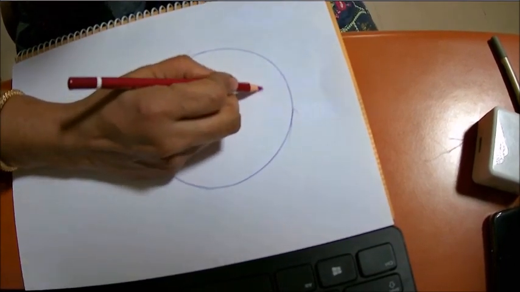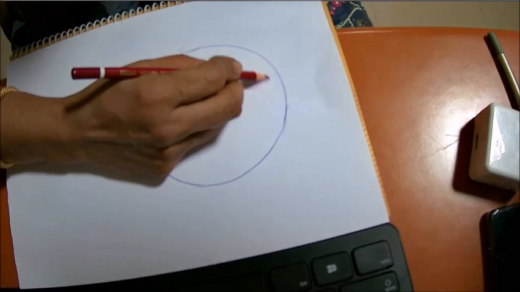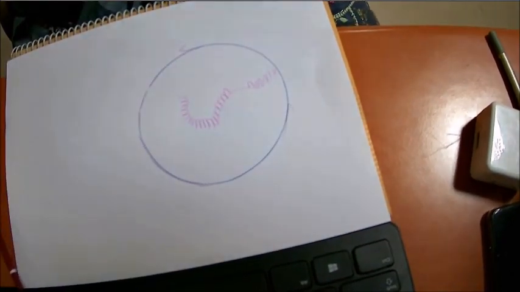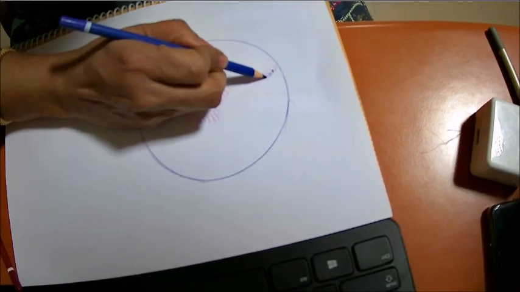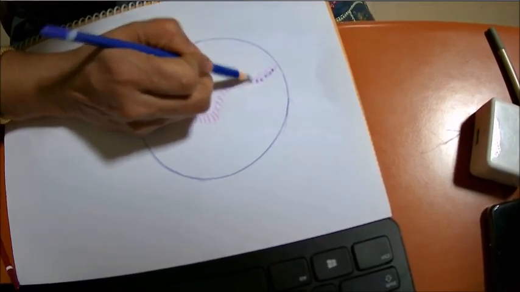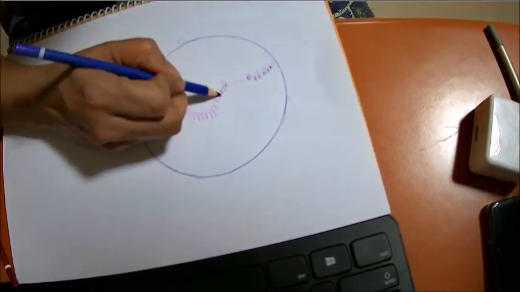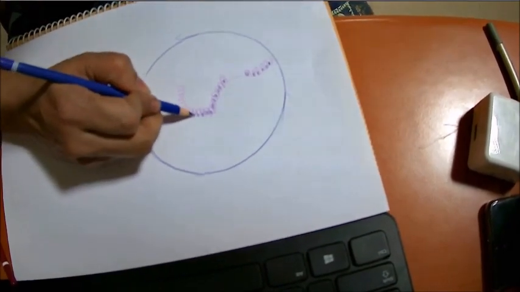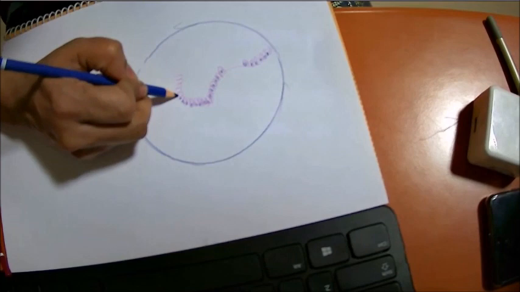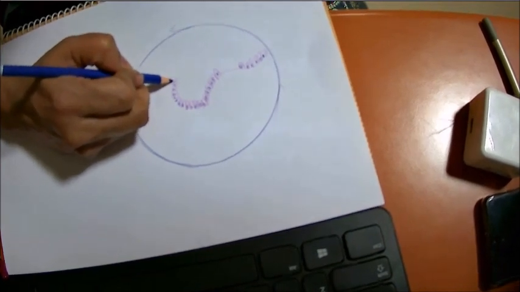Please write along, and focally let us not draw the lining. This is indicating there is necrosis, or ulceration. Then the nuclei for these columnar cells. Okay, you have to write along with me.